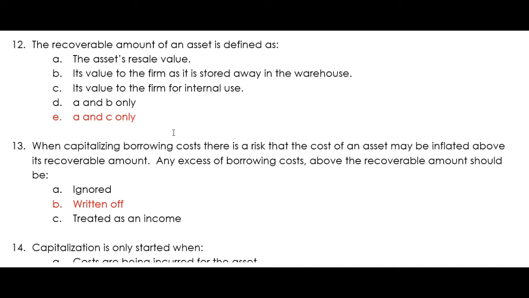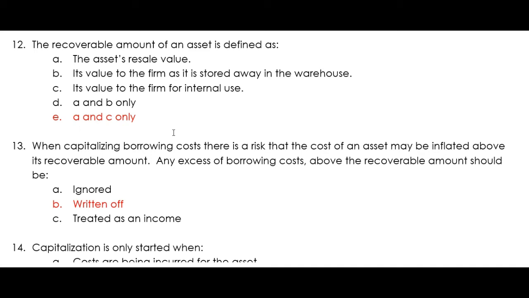Yung letter C, value to the firm for internal use, is value in use. Tapos yung letter B, walang ganyan. It's value to the firm as it is stored away in the warehouse. Parang historical cost siya generally. So, the recoverable amount is letter E, either A or C. Didiscuss natin further yan kapag nasa impairment na tayo.